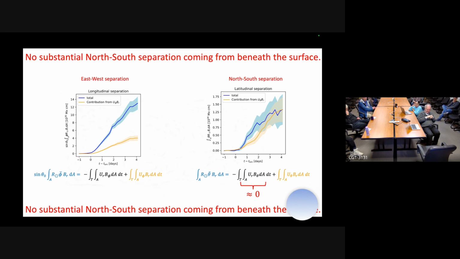This implies constraints on the subsurface, on the dynamo, on what's happening beneath the solar surface. I would be much happier discussing exactly what it was if I understood why we don't have giant cells, the answer to the convective conundrum.